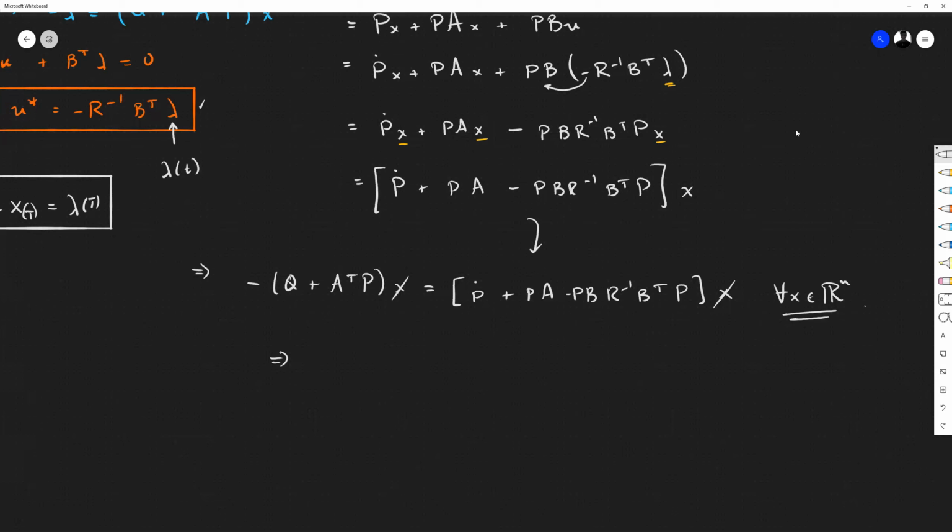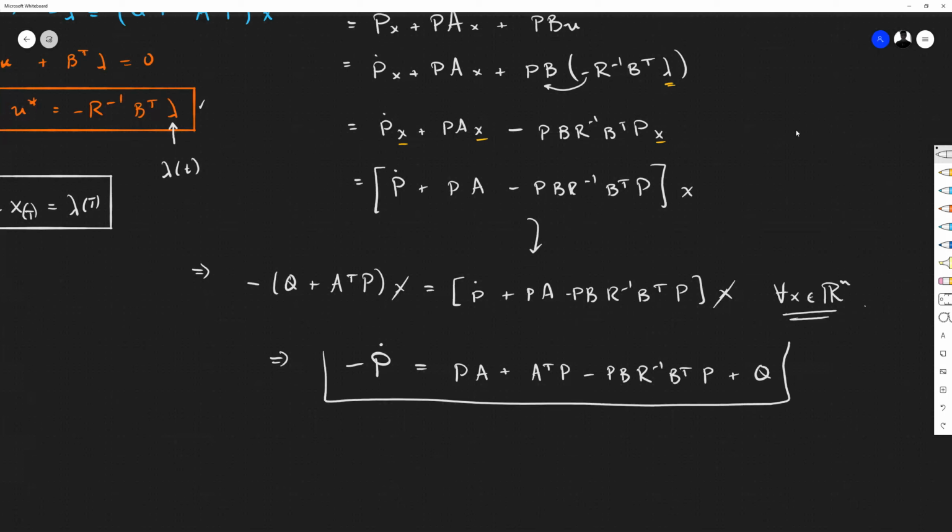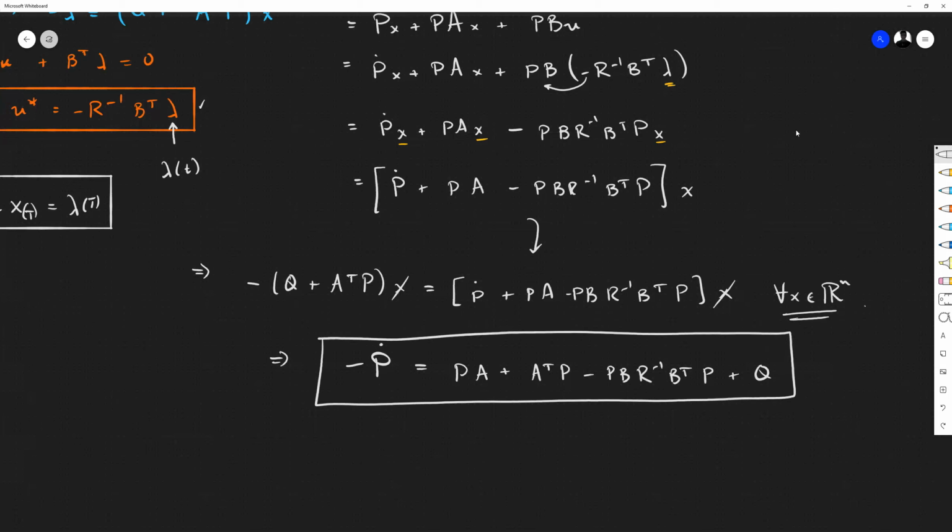What is this differential equation? Well, I'm just going to rearrange some terms over here, but it ends up being something like this. So we're going to get negative P dot is equal to PA plus A transpose P minus this guy plus Q. I need to get this square because this is an important equation.